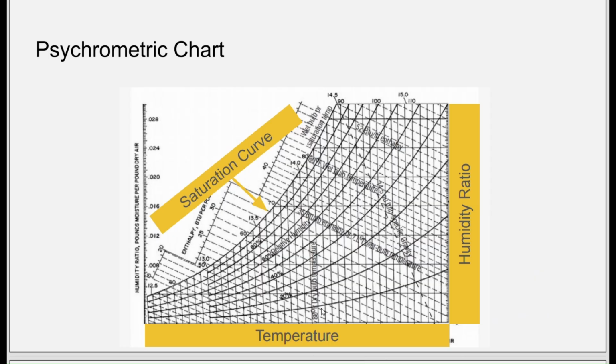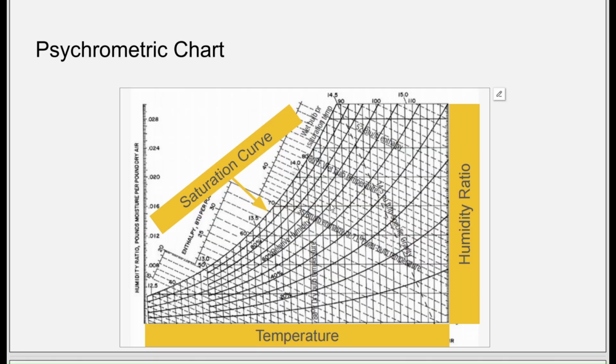I guess one last thing I'll point out is the usefulness of the psychrometric chart is that if you know any two properties, so not just temperature and humidity ratio, but say you know humidity ratio and relative humidity, you can find where the two values intersect, and then you can infer what all the other properties of air are. So if I've got 60% relative humidity and a humidity ratio of whatever this value is, I can find that I'm here on the psychrometric chart.